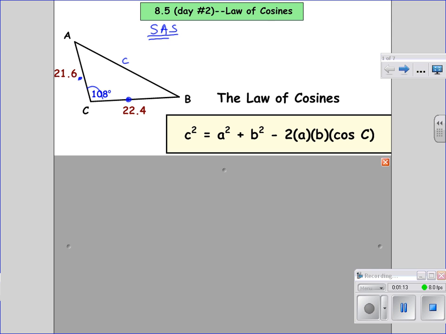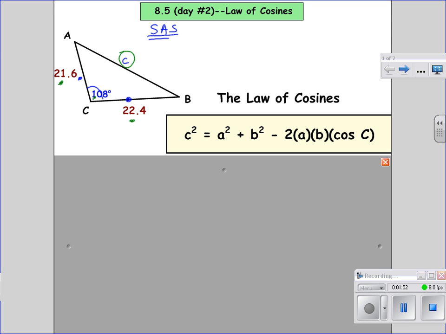Now remember, you're going to be able to write this formula down. We're not going to have you memorize this year. So we have c squared equals a squared, across from A, so 22.4 squared, plus b squared, so in this case 21.6 squared, minus 2 times a, 22.4, times b, 21.6, times the cosine of angle C. Angle C right here is 108 degrees.